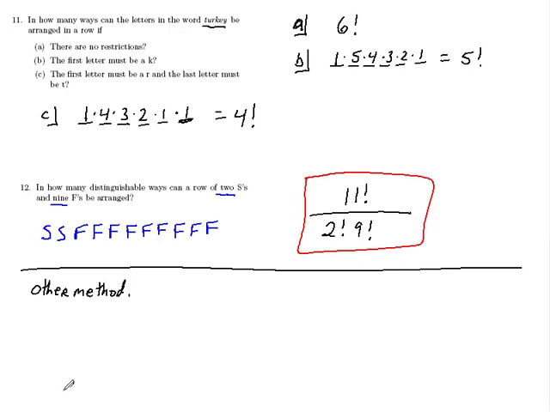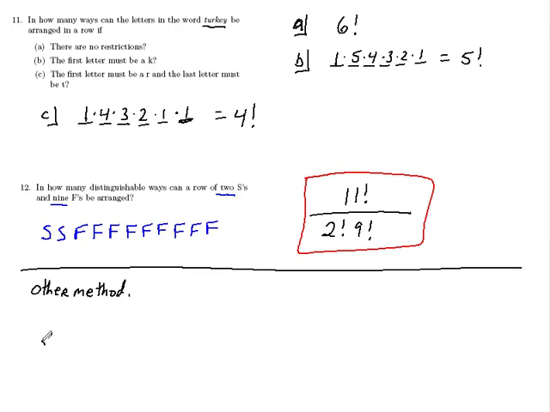If we think about a row, in other words, put in 11 blanks, and I have 2 S's. When I select the positions for the letter S, I take that row of 11 blanks and pick 2 spots for the letter S. If you pick spot 1 and spot 2, it's the same thing as picking spot 2 and spot 1.